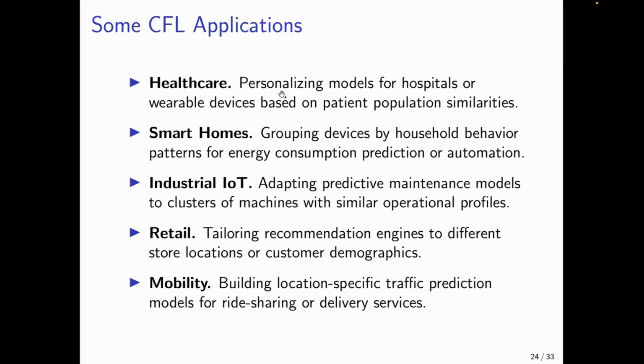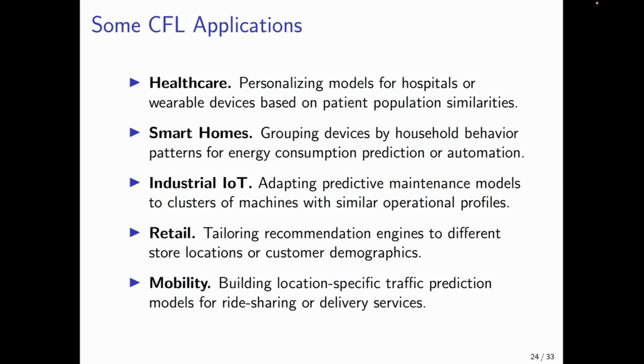In healthcare, when you want to train personalized models for hospitals, or even on the individual level, you want to train the same model for patients that are similar, or the same personal training advisor for persons that are similar to me. For example, I have a certain height, weight, body mass index, preference for sports activities.